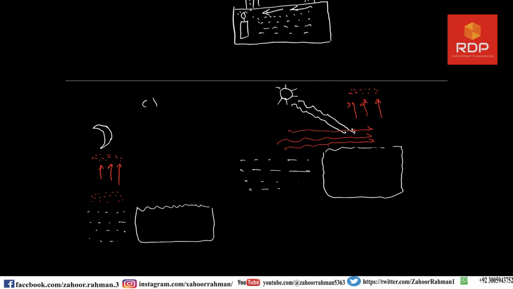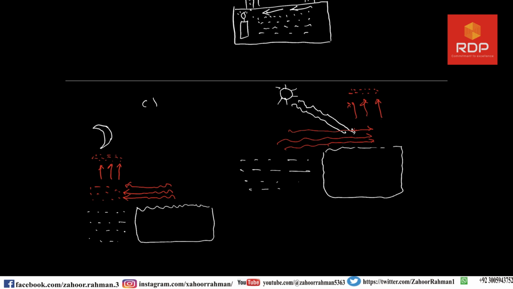So now when it is moving upward, I am removing this because it moves upward. Now, from the colder surface of the earth, the air particles will move in this direction to fulfill that area.